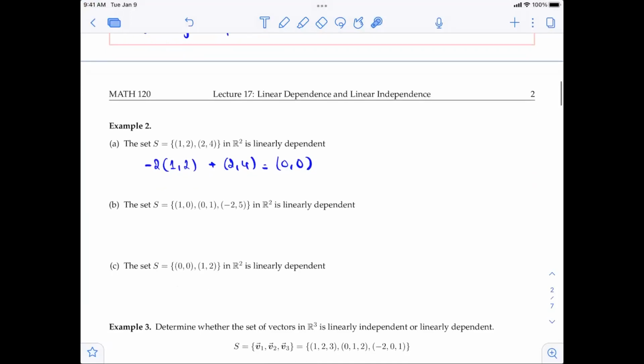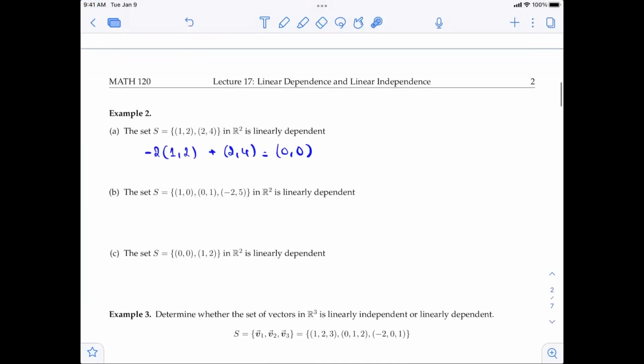This set is also linearly dependent because we can find constants such that C1 times V1 plus C2 times V2 plus C3 times V3 equals the zero vector. Here, 2 times (1, 0), minus 5 times (0, 1), plus 1 times (-2, 5) is equal to the zero vector. Therefore, this set is also linearly dependent.